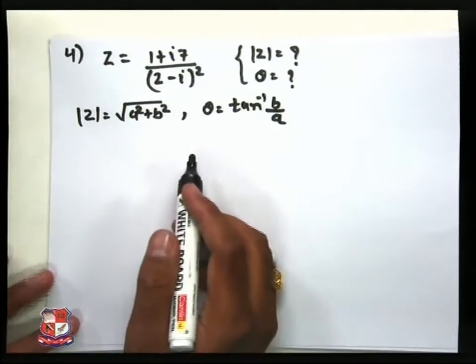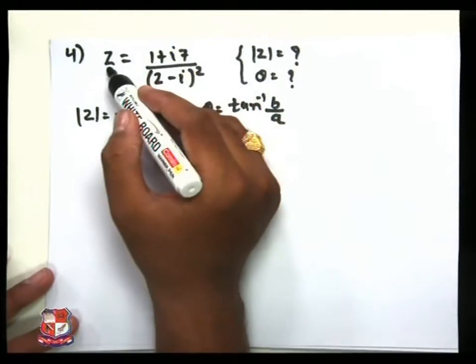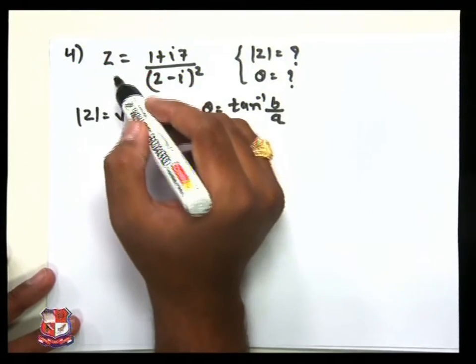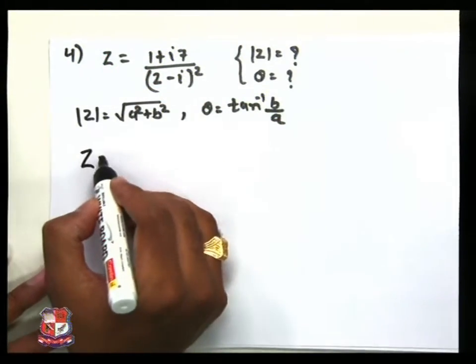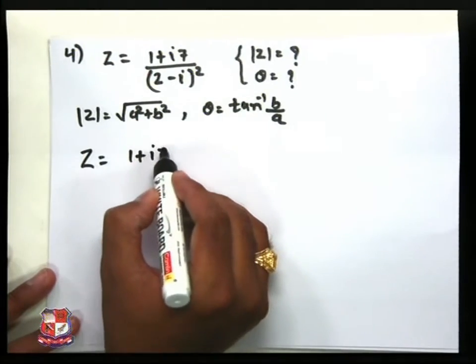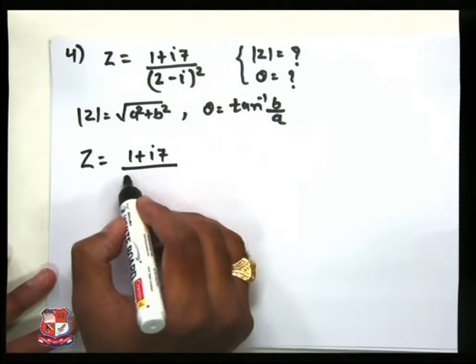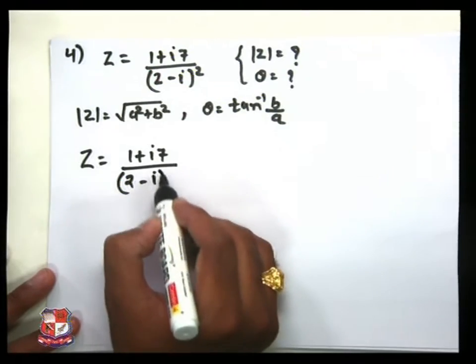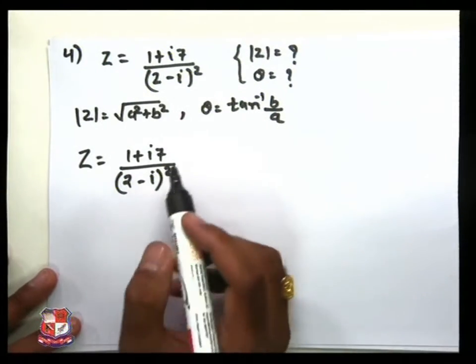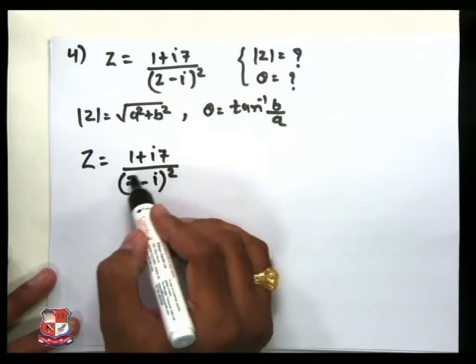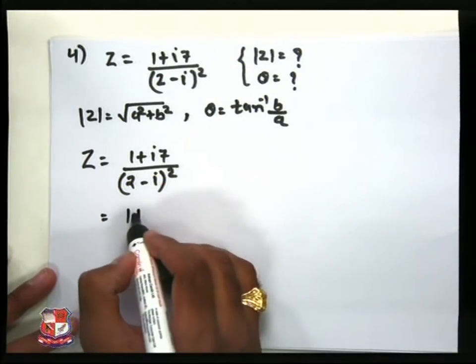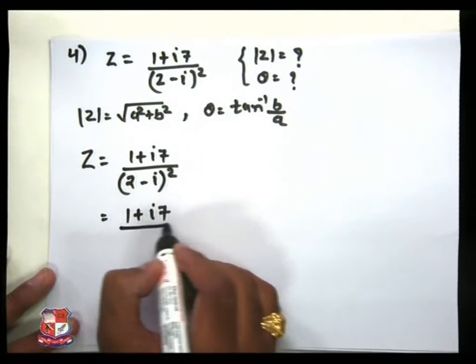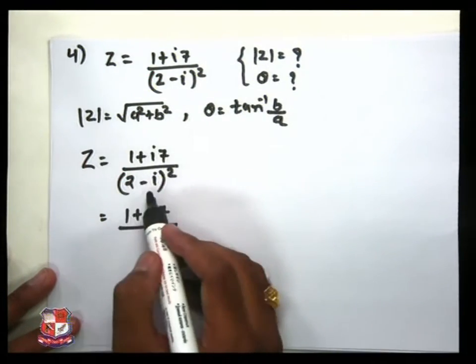So first of all, our complex number z we must convert into a plus ib form. So using the formula, z is equal to (1 plus i7) divided by (2 minus i) square.